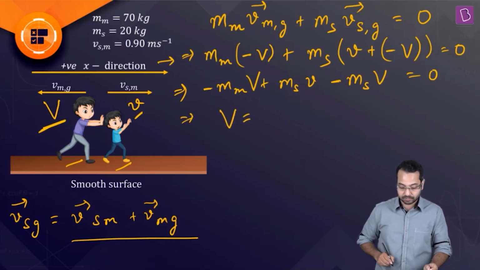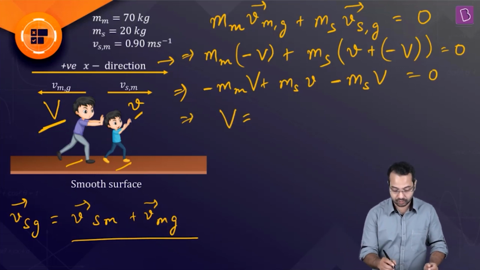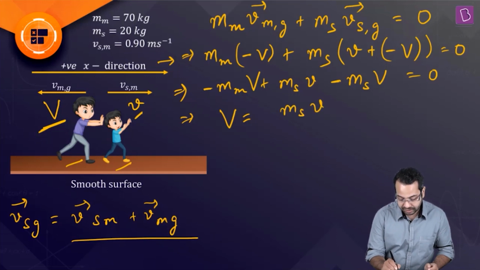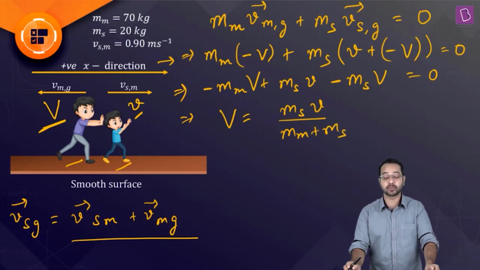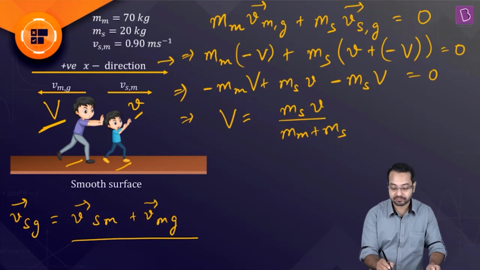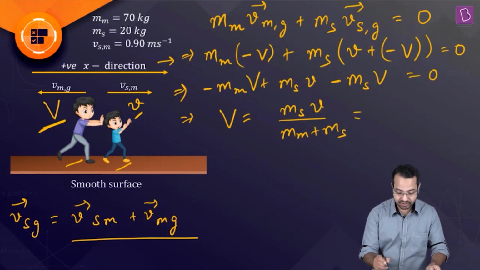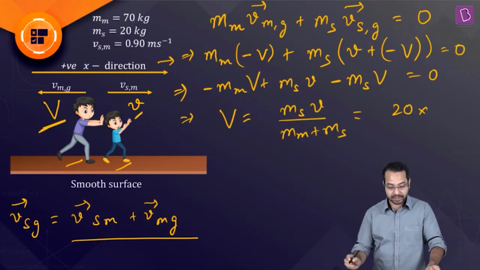So capital V comes out to be m_s v upon (m_m plus m_s). That is going to be the speed or velocity of man with respect to ground. Now m_s is how much? m_s is 20 kg, multiplied by velocity of son with respect to man, which is how much?